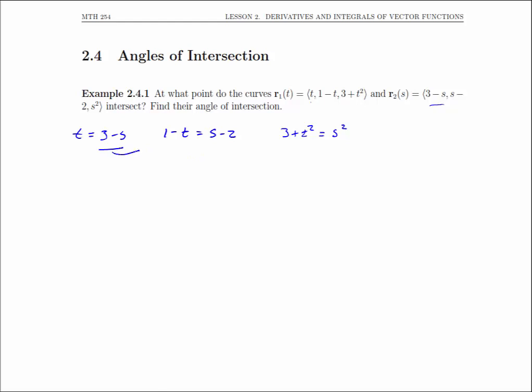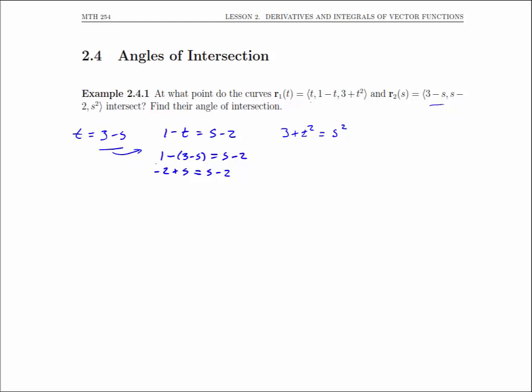So if I take this and plug it in for the t over there, I get 1 minus (3 minus s). Make sure and get those parentheses so that the minus distributes. And so we have 1 minus 3 is negative 2 plus s equals s minus 2. Okay, so here we have a tautology. These are always equal no matter what s is.